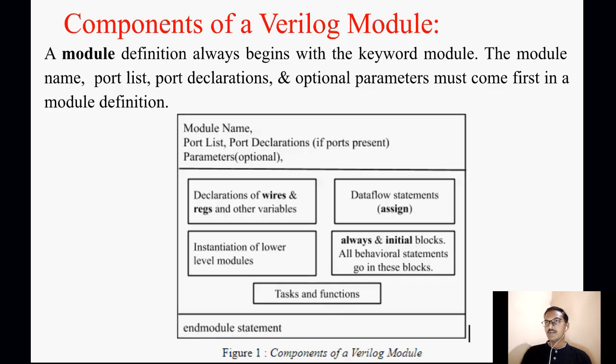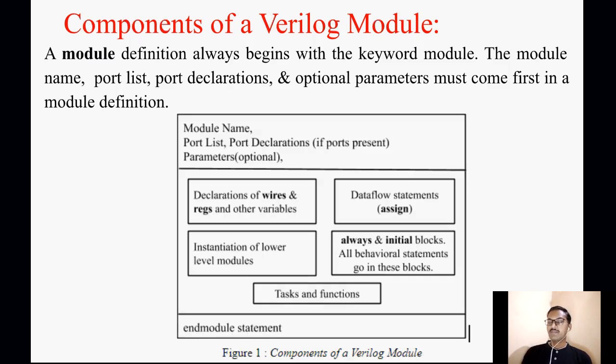If you declare it as a register, the keyword is reg, and for defining a terminal as a wire, the keyword is wire. If you define the input or output as a register, it will hold the values of that variable during all the simulation time.